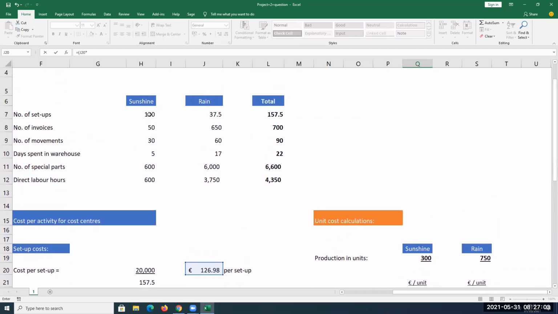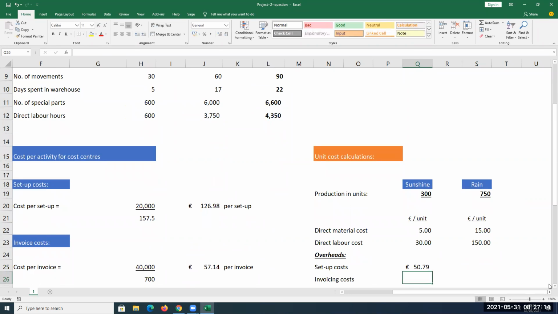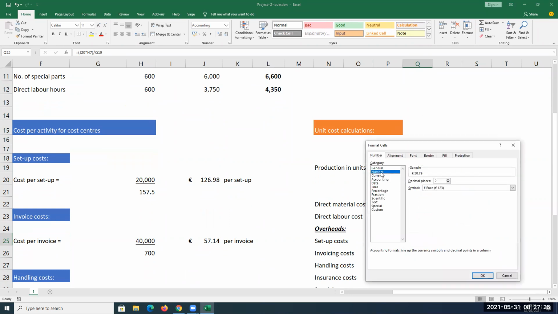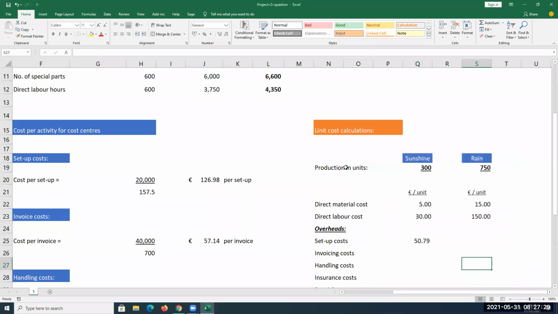So 120 setups are there. So bracket close. It will give me total setups divided by number of units, 300. So this is the per unit setup cost. So I can declare it as a number only. Okay, so 50.79 euro. This is the setup cost to make 1 unit.